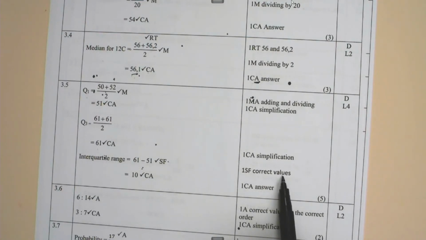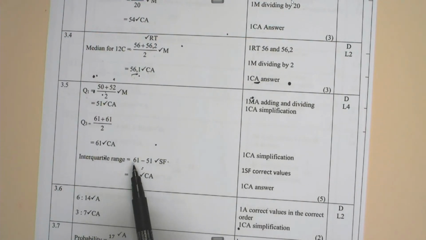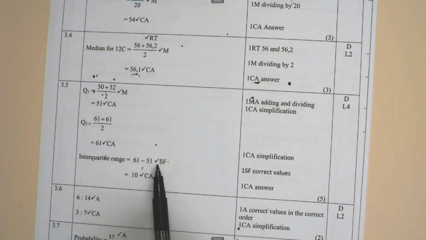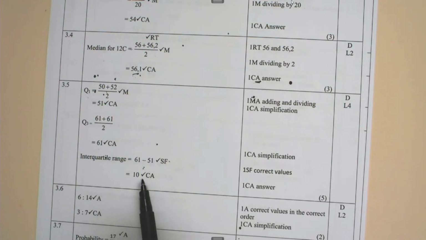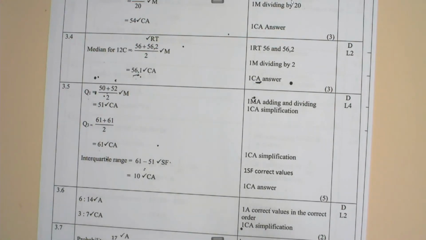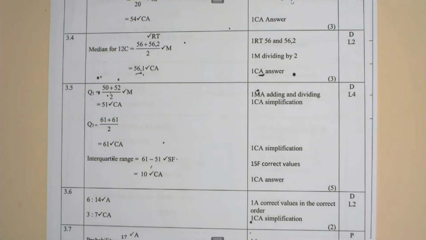So for substituting the correct values, which is 61 minus 51, you get 10. For substituting the correct values into the formula, you get 1 mark, and for writing the correct answer, the learner will get another mark. Right, that is 3.5.